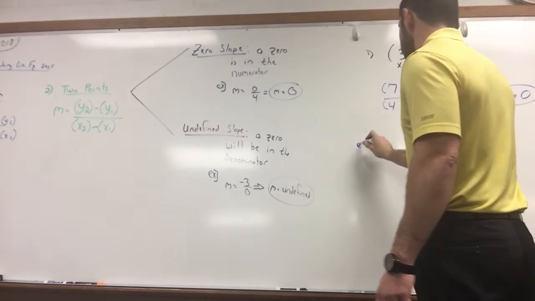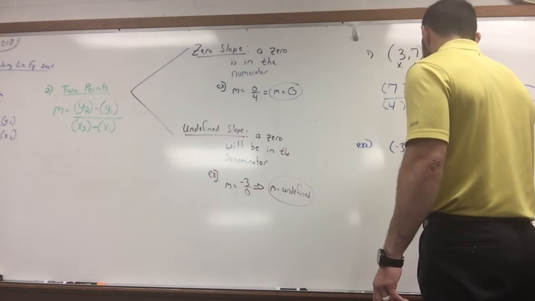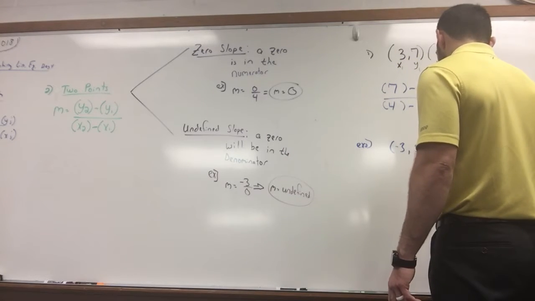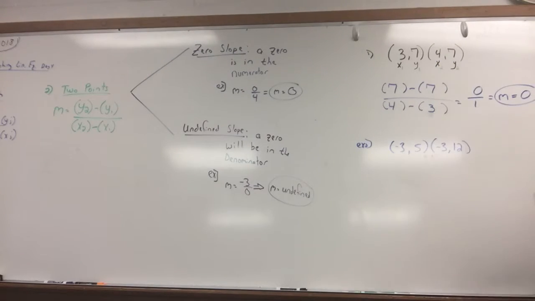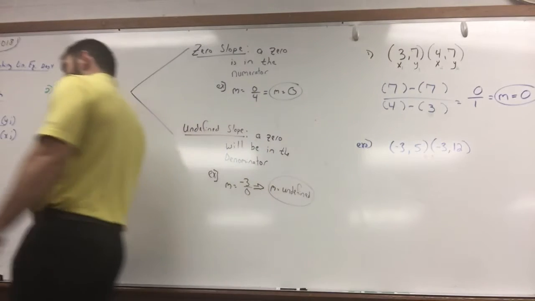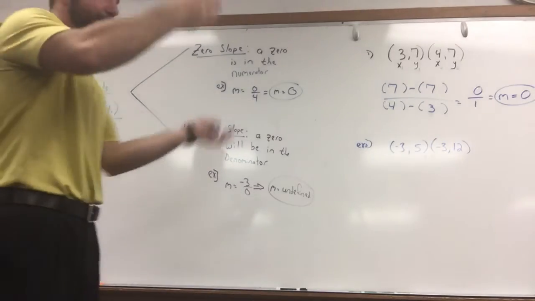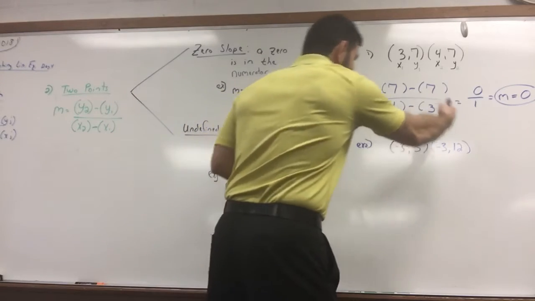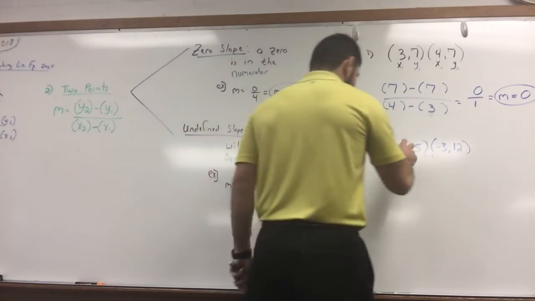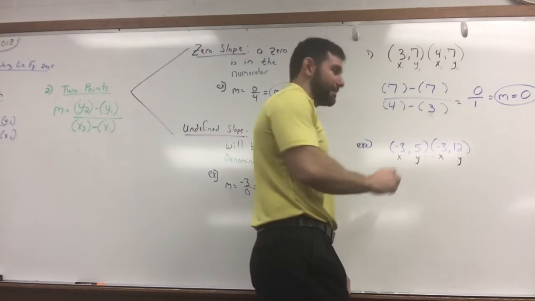Okay, so here's example 2. The points are (negative 3, 5) and (negative 3, 12). X first, Y second.